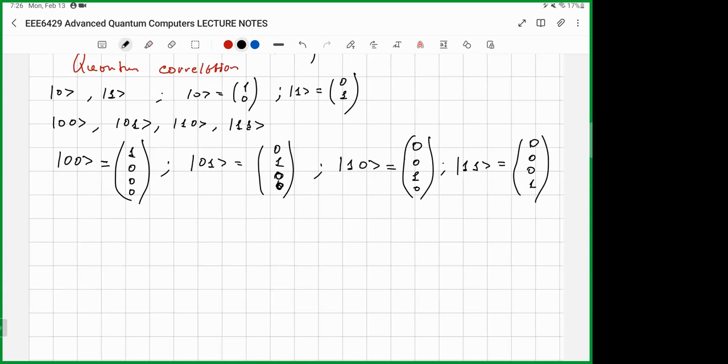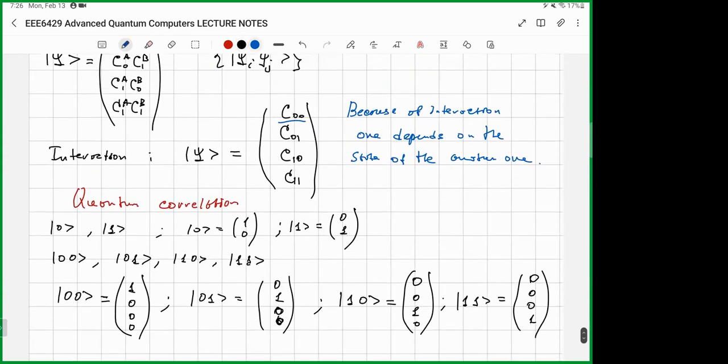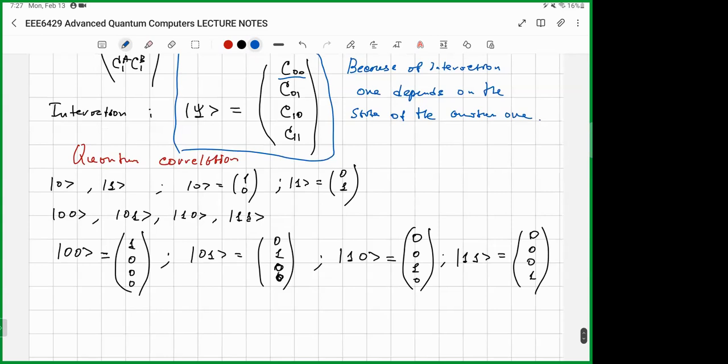Now let's suppose, when I describe this composition of two-level systems, I come to a vector like this, with components C00, C01, C10, C11. But what if I can get rid of some of these coefficients, for example C01 and C10?